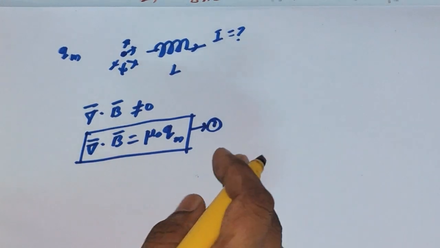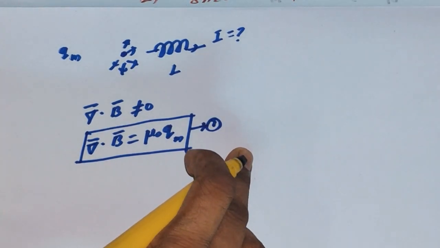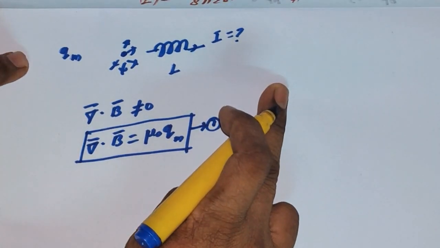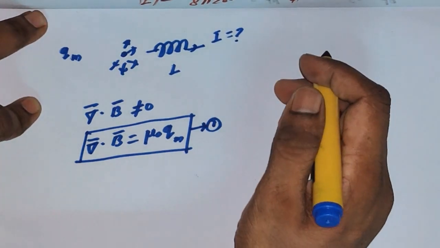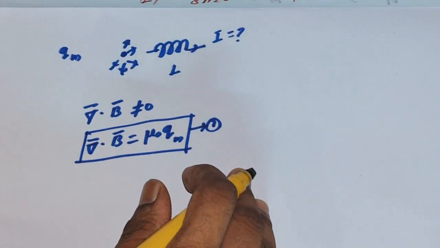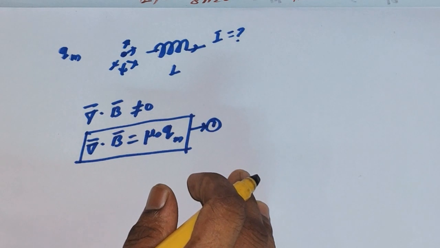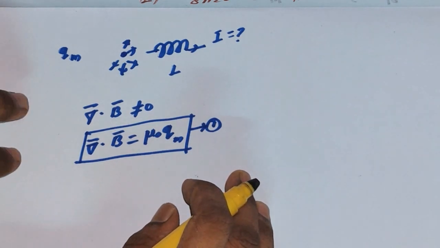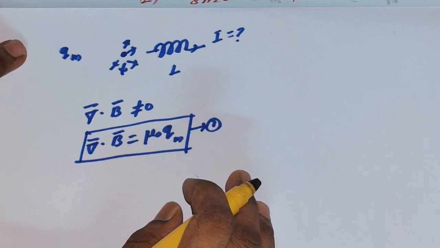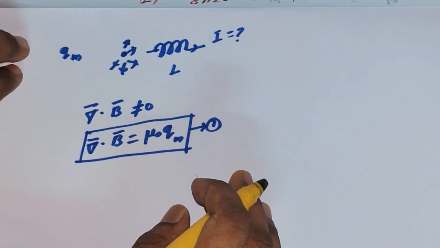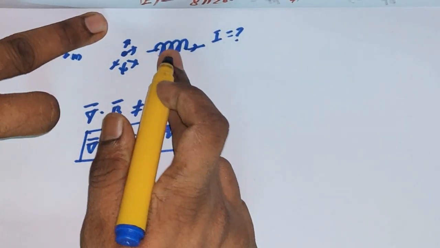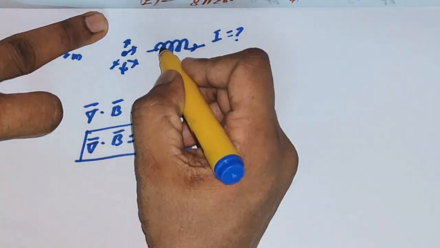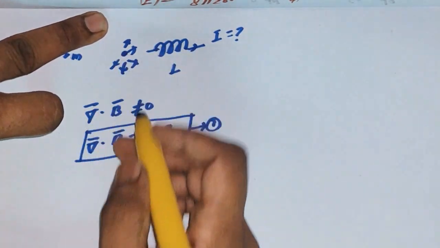Now the next quantity: we have to connect the induced EMF with the current. We know that the flux is the integral of B dot dA, the flux linking the loop of area A due to the monopole.